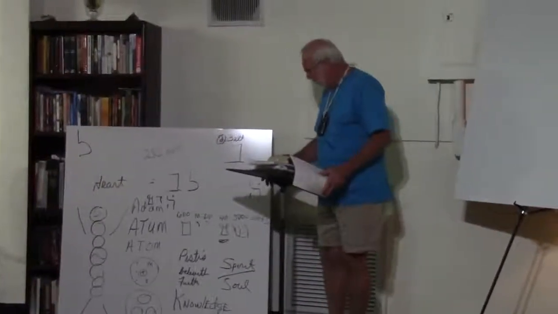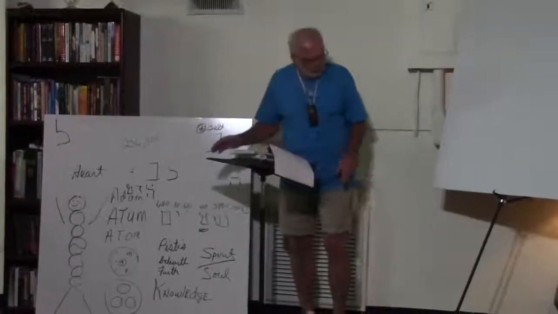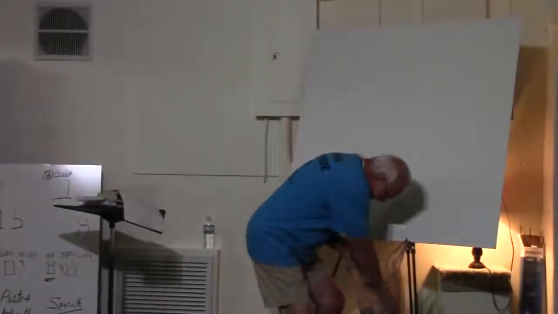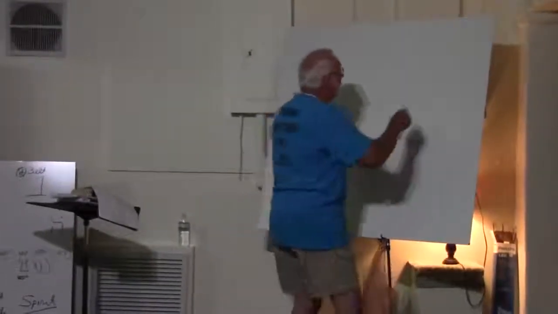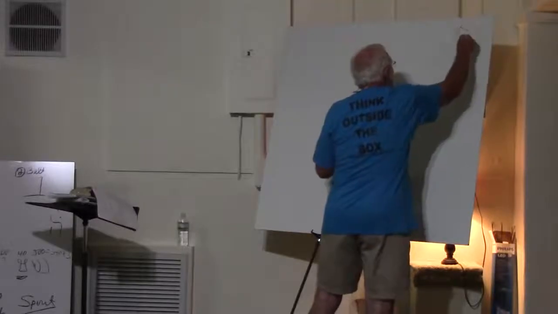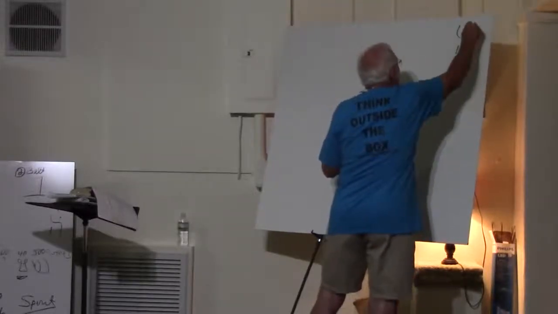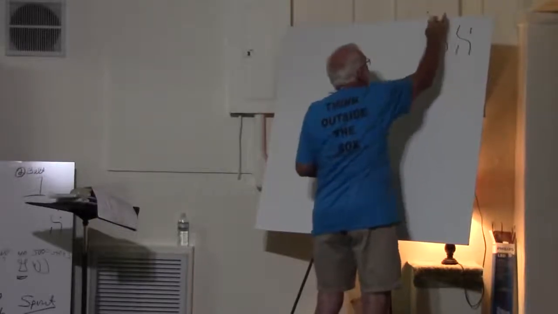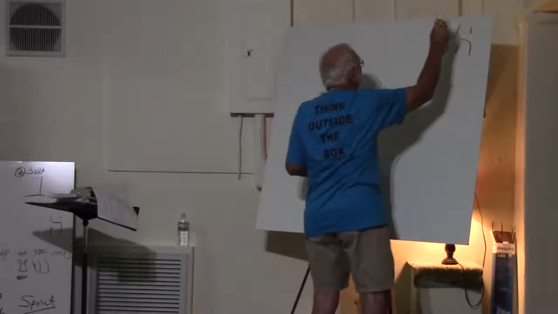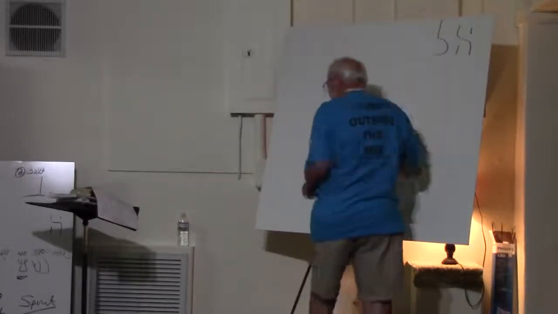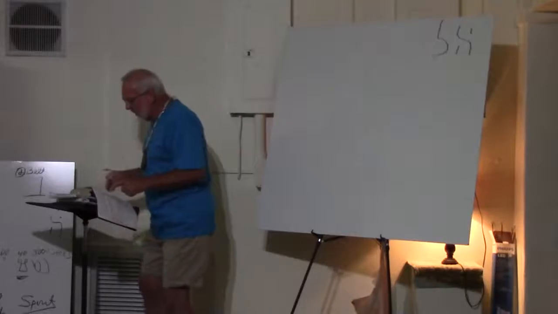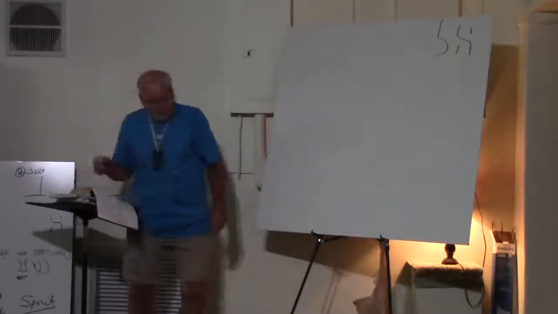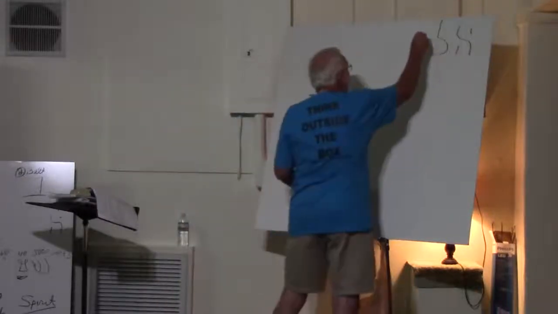So, if I spell the Hebrew word Elohim, which I don't have up there, let me go ahead and put it up here because we talked about it this morning. Aleph, Lamed, Hay, Yod, Mem.